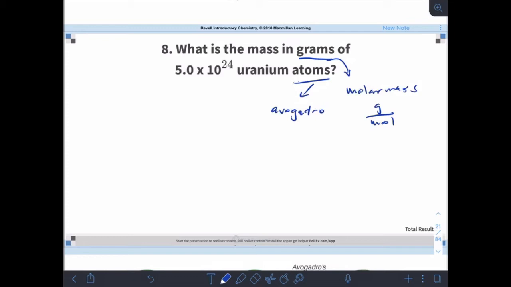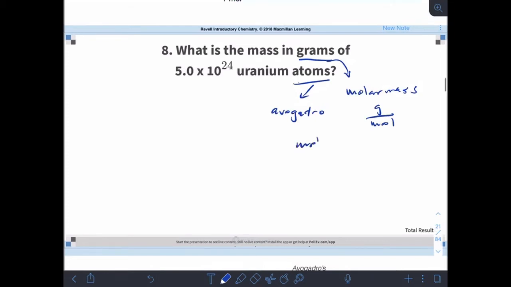Okay, so we're going to have a two-step problem here. Right? So our molar mass for uranium is 238.03 grams per mole.